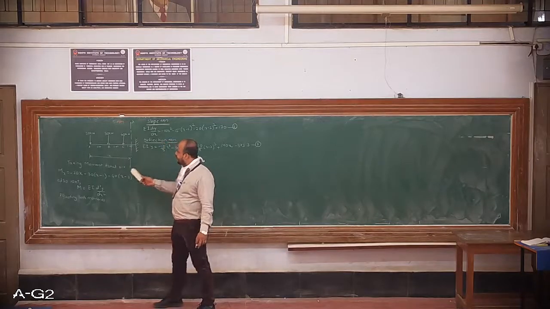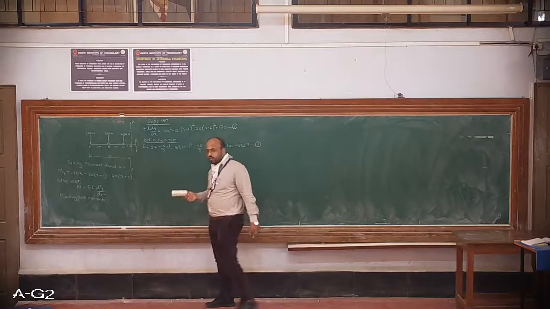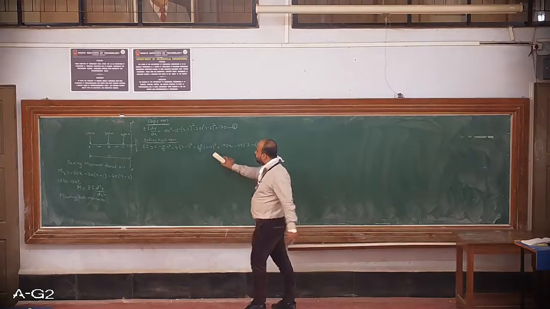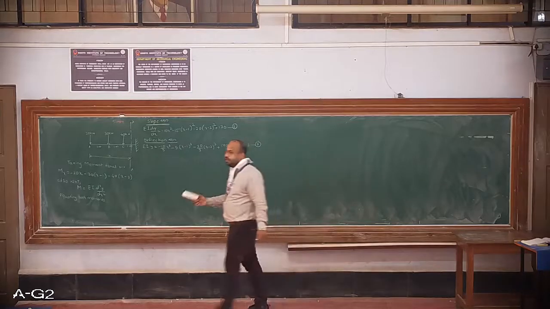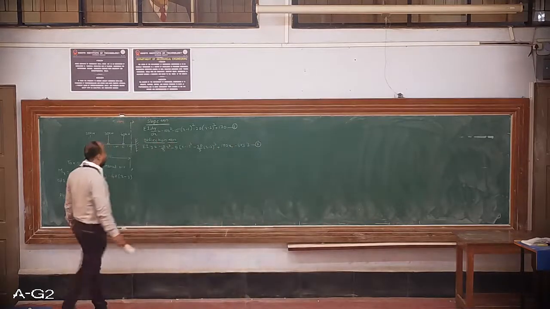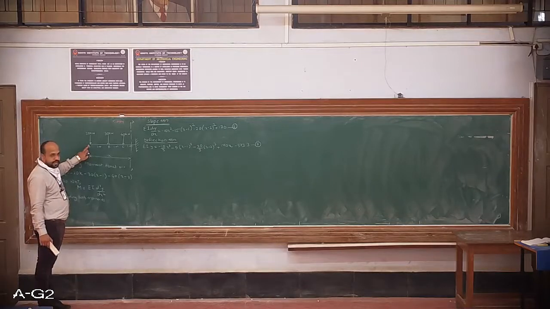So x could be here, here, or here; it can be asked at any location. We need to choose at what location we want deflection and slope. Suppose I want deflection and slope at the extreme end, what is the value of x here?